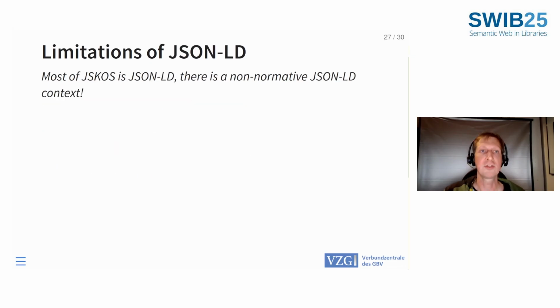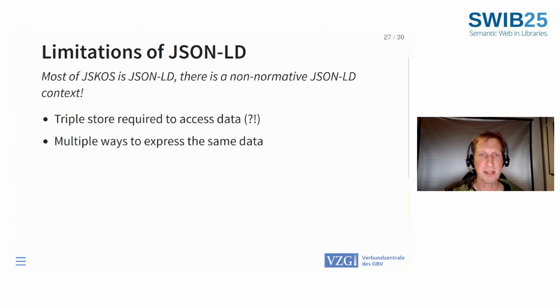JSON-LD is the solution. So most of JSKOS is JSON-LD, but it's not normative. So there's a JSON-LD context, and yeah, I can't guarantee that 100% every field can be expressed or is automatically converted to RDF with JSON-LD. With JSON-LD you also need a triple store, because there are multiple ways to express the same data in JSON-LD.